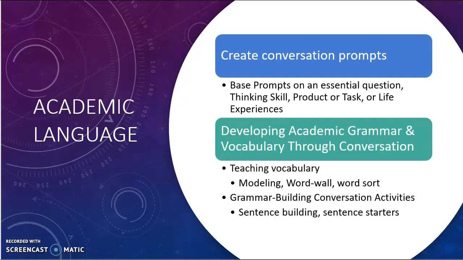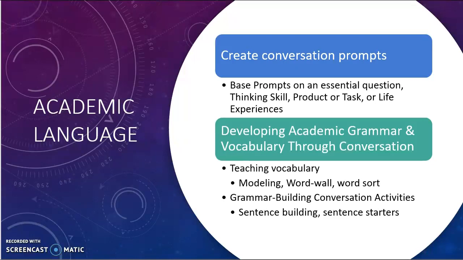It can be based off of a thinking skill. So for example, cause and effect, determining the cause and effect of something. It could be a product or a task, something that they're working on or turning in, or life experiences. You'd be surprised a lot of times how well science really connects to students and their everyday lives, because really it's the study of the natural world, right?